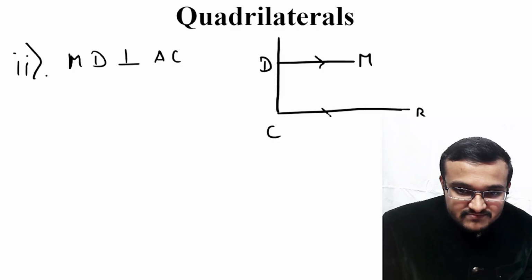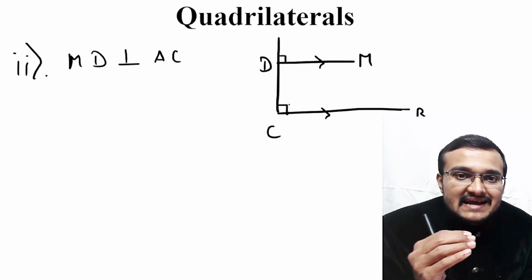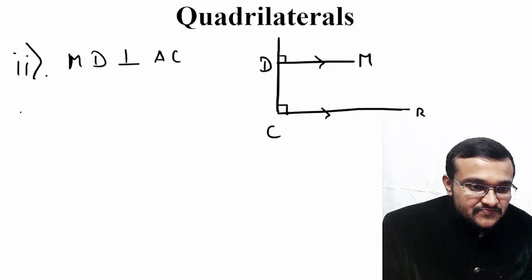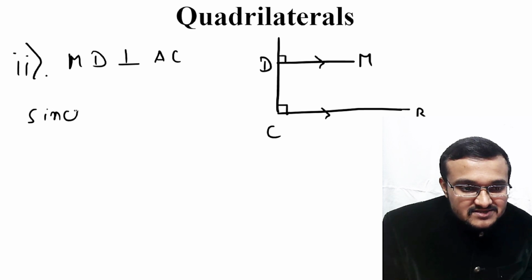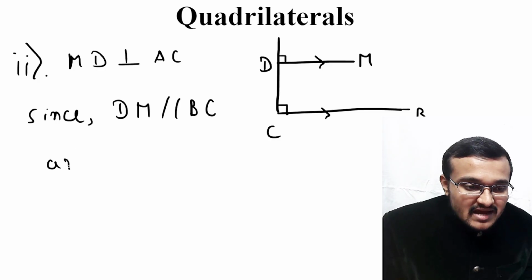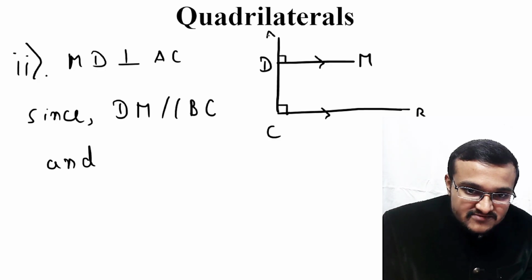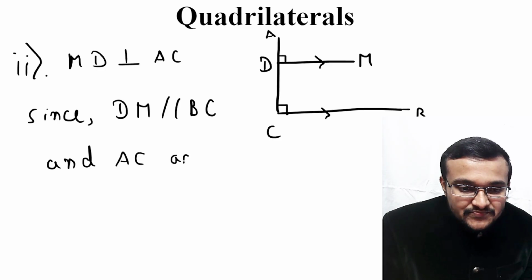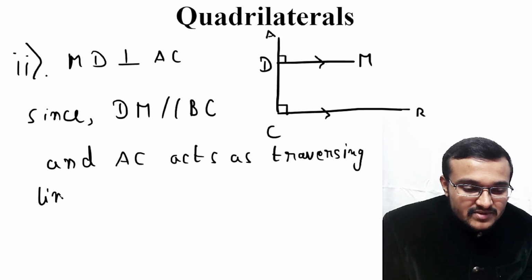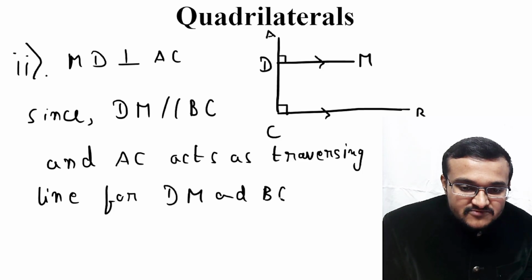We know DM is parallel to BC, so these two angles act as corresponding angles for the parallel lines. Since DM is parallel to BC, AC acts as the transversal for both DM and BC.